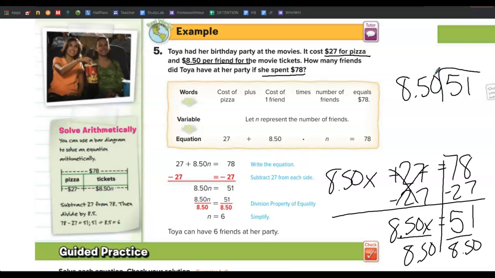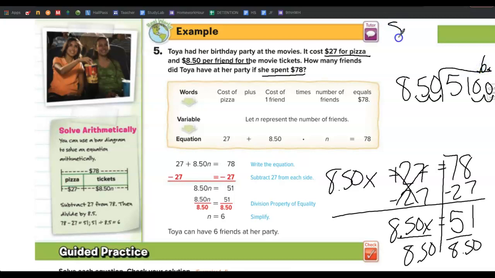Good. So then I put in zeros. How many times do you think 850 can go into 5,100? 6?